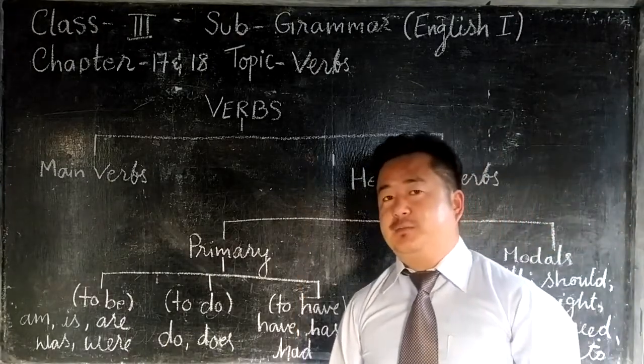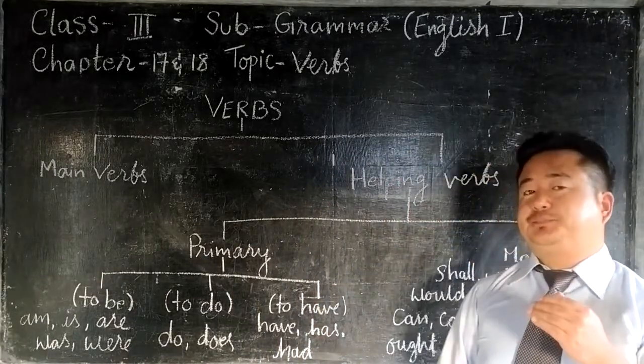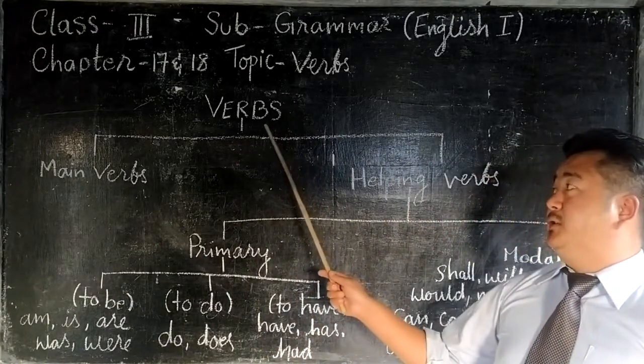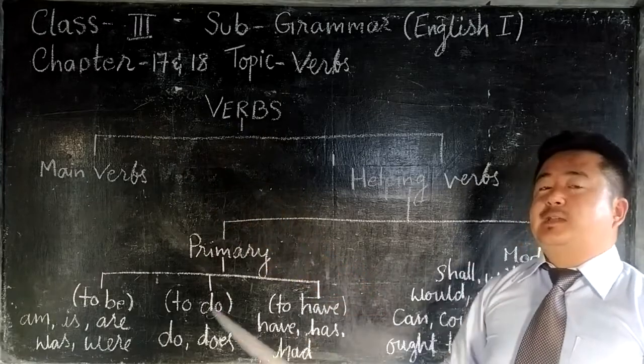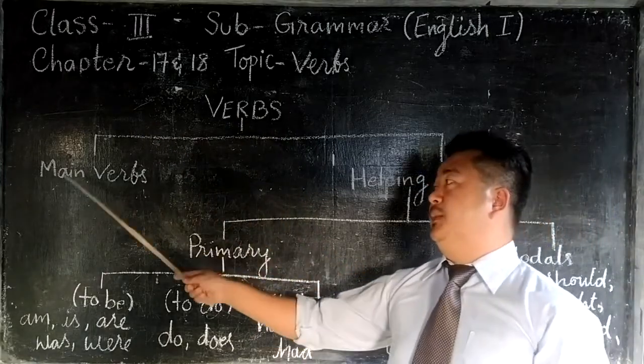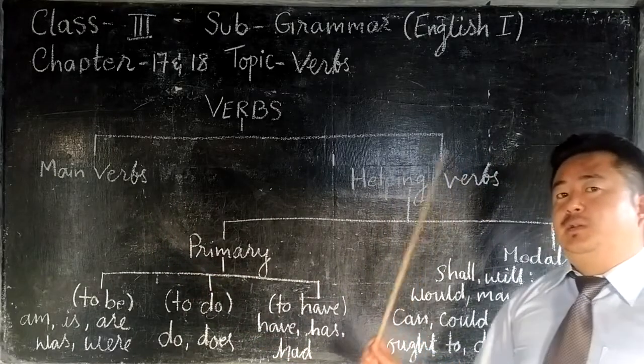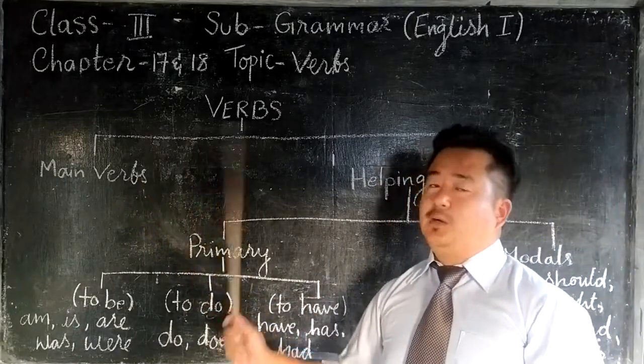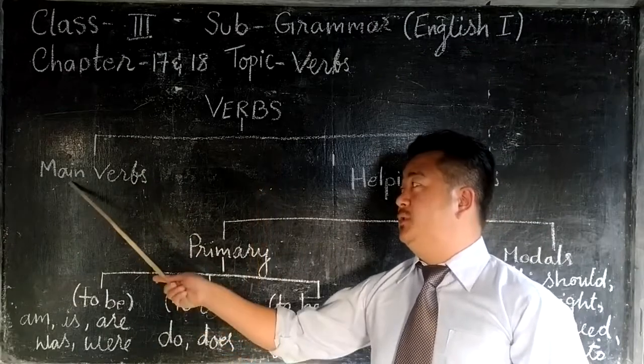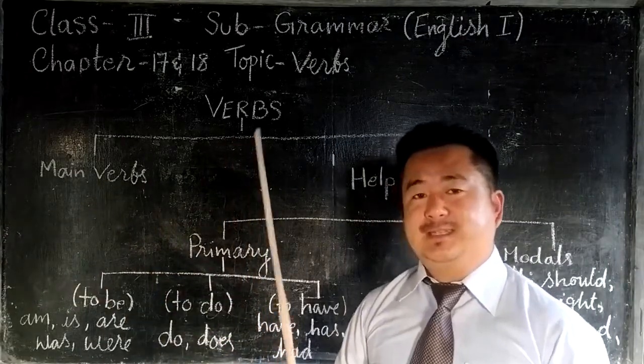We have discussed in today's class the verb, and verb is categorized into two, main verb and helping verb. Main verbs are those action words that you use in a sentence.